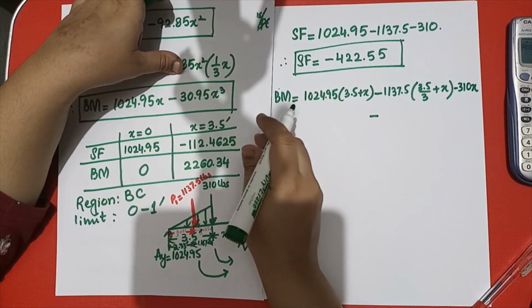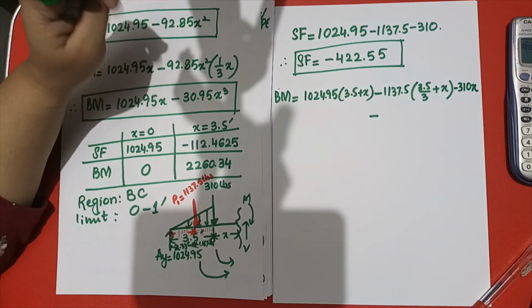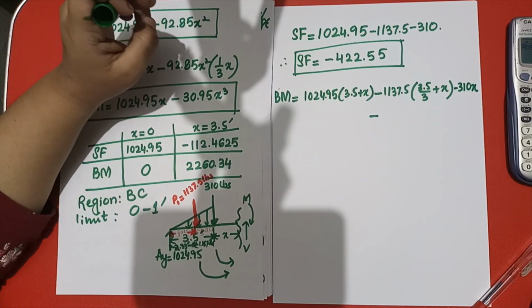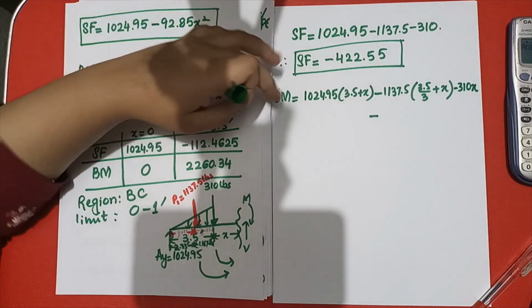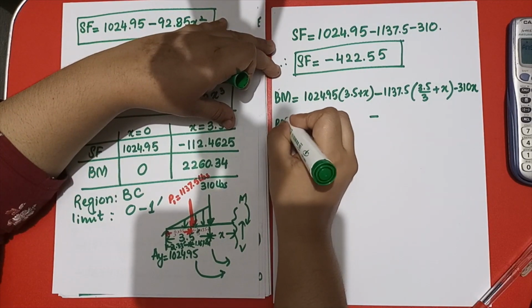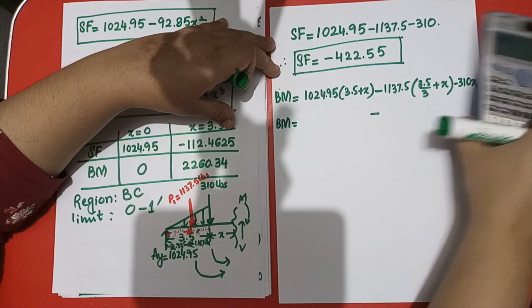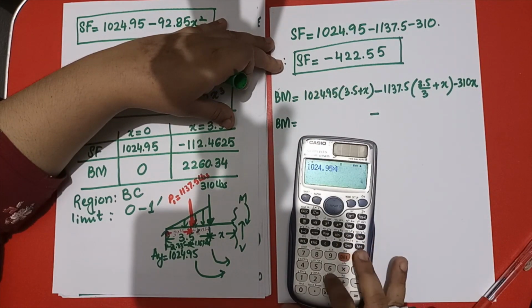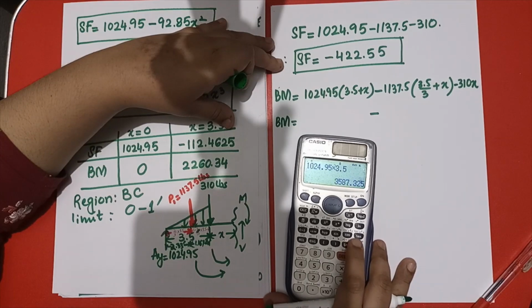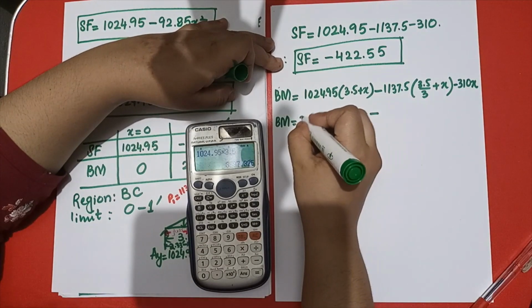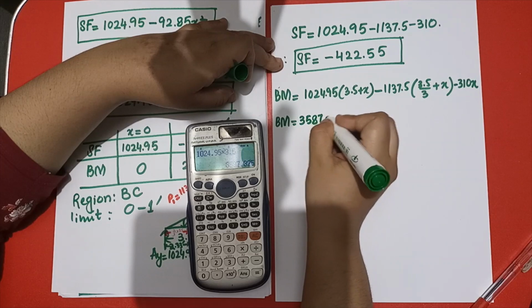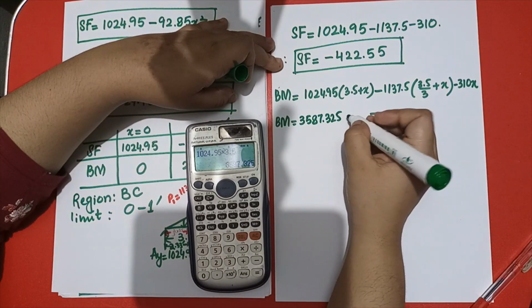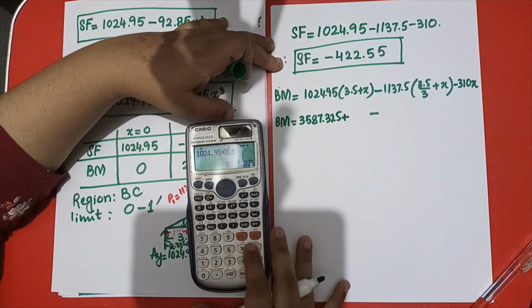Now obviously we have to simplify this equation. So let's see how we are going to simplify it. BM equals 1024.95 multiplied by 3.5, which is 3587.325, and this will be positive.